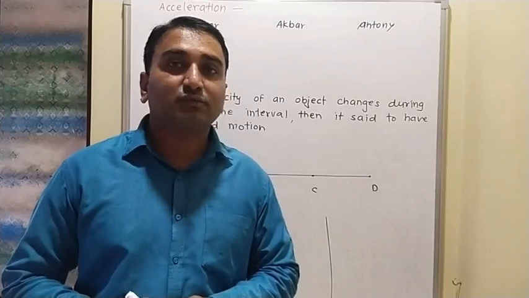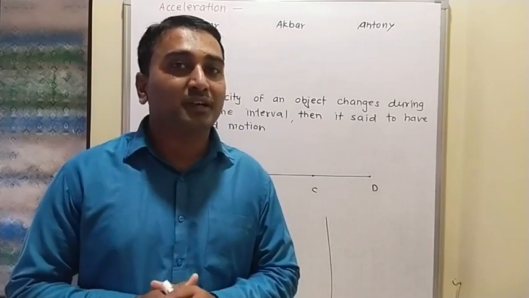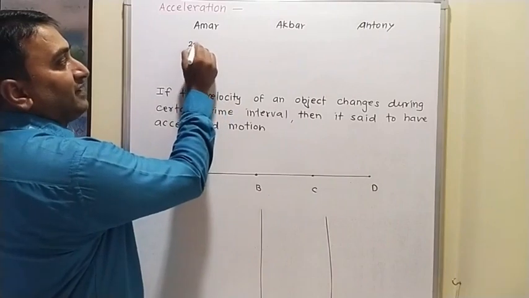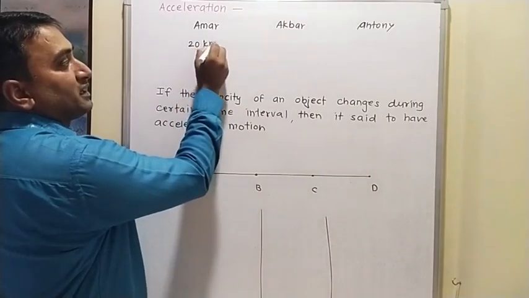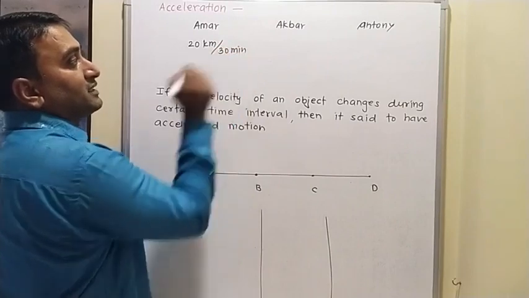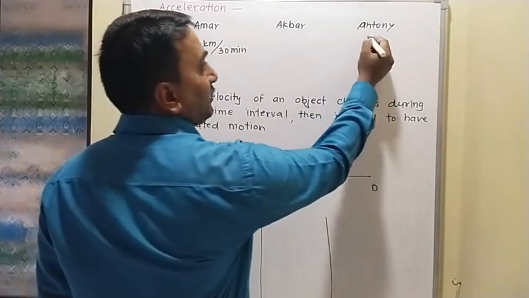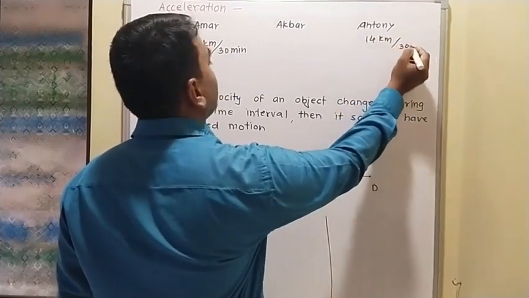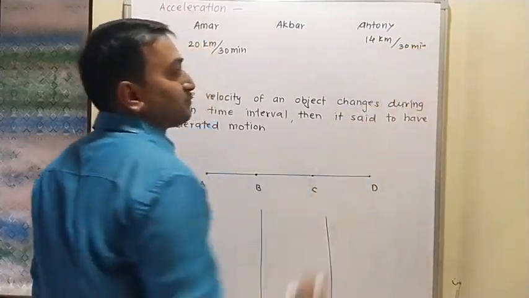What we have discussed from the example of Amar, Akbar and Anthony: Amar was always covering 20 kilometers in 30 minutes, and Anthony was covering 14 kilometers per 30 minutes.